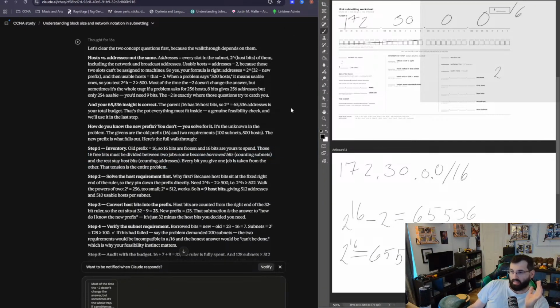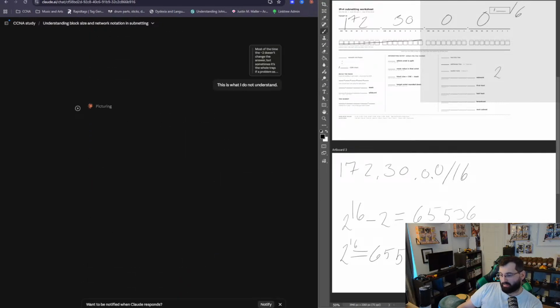Okay, that makes sense to me. Borrowed becomes the borrowed bits, counting subnets, and the rest stay host bits, counting addresses. So that's a big thing. Those 16 free bits must be divided into 2 jobs. Some being borrowed bits, which are going to be counting subnets, and then the rest would be host bits counting addresses.